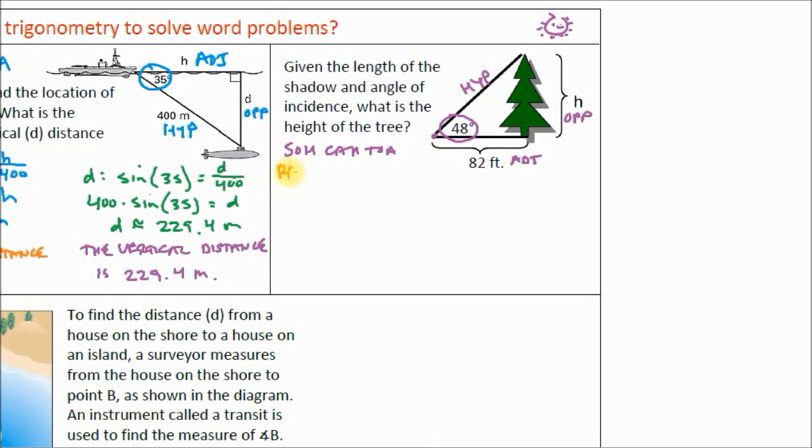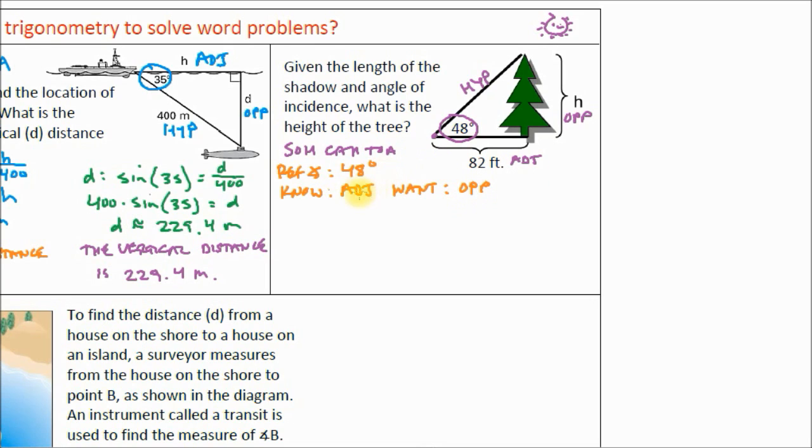Our reference angle, we don't even have a name for it, but we can just say it's 48 degrees. What do we know? We know adjacent. What do we want to know? We want opposite, which is h.